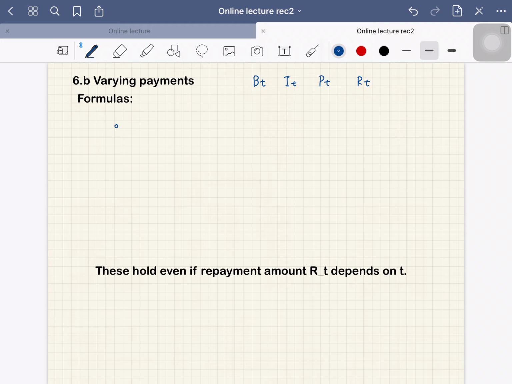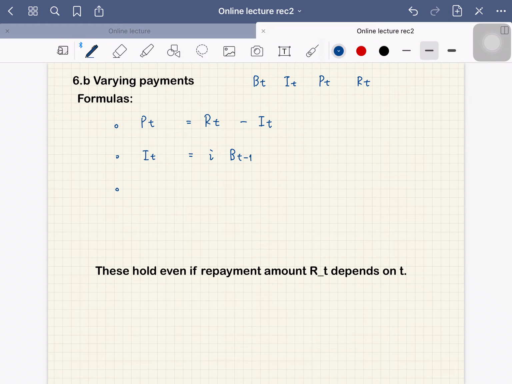First, the principal repaid amount is total amount repaid minus interest repaid. The second formula is interest repaid at time t is annual effective interest rate times balance in the previous year.